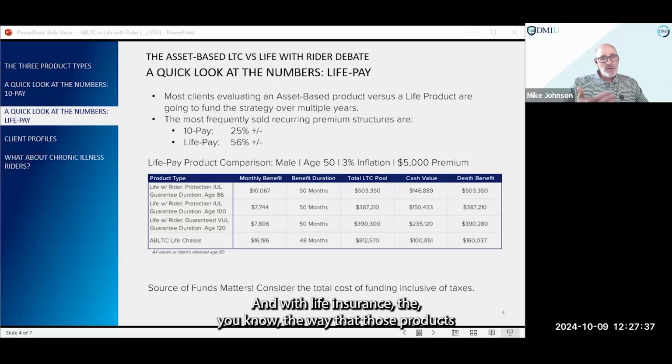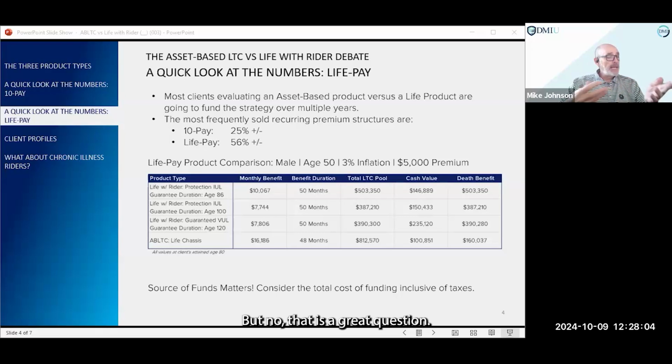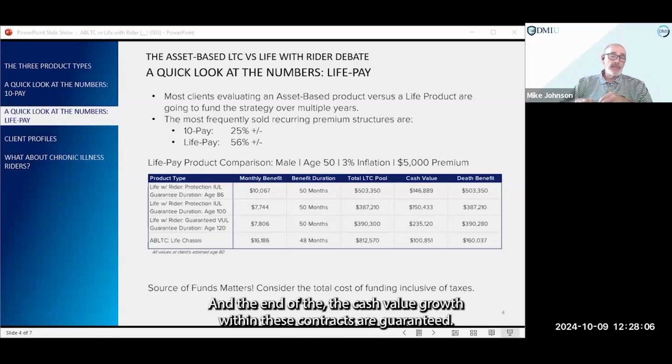And with life insurance, the way that those products are illustrated, the guaranteed column will look a lot different than the non-guaranteed column. So the growth potential is not quite what you see with ABLTC, but that's a huge winning factor and an added benefit to ABLTC that really can't be overlooked. But no, that is a great question, and the cash value growth within these contracts is guaranteed.